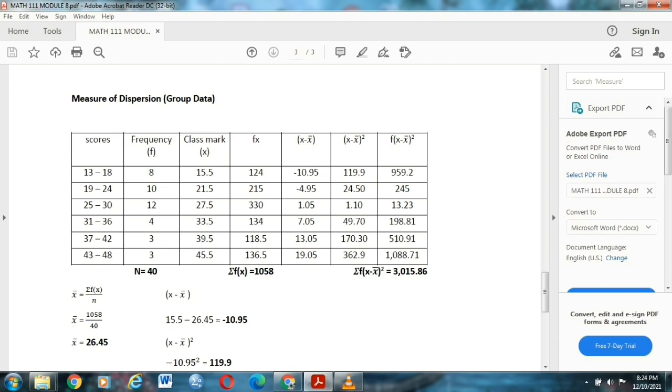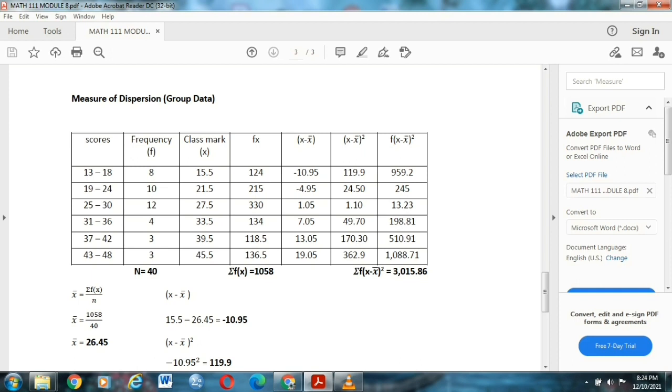Sunod, kunin natin ang product ng frequency at ng x natin. By the way, ang x natin ay yung class mark. So, kunin natin yung product ng frequency at saka class mark.